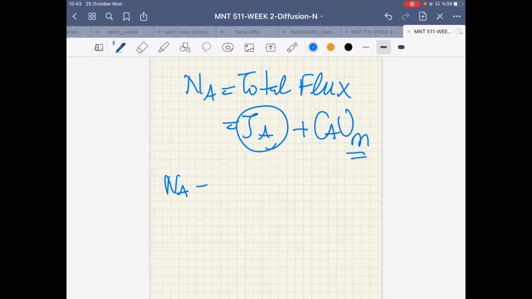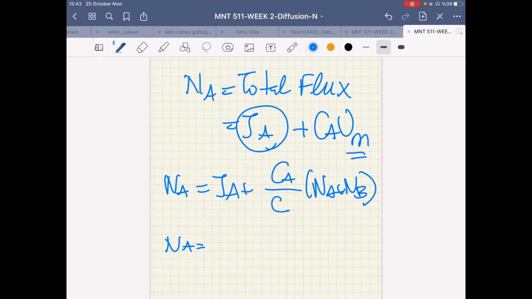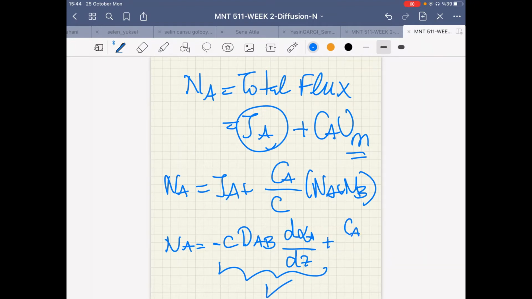So NA is known to be JA plus CA over C, (NA plus NB), because I have two molecules. It's binary diffusion. We already saw how we derived this equation. This is my molecular diffusion, and this is my bulk diffusion, NA plus NB.